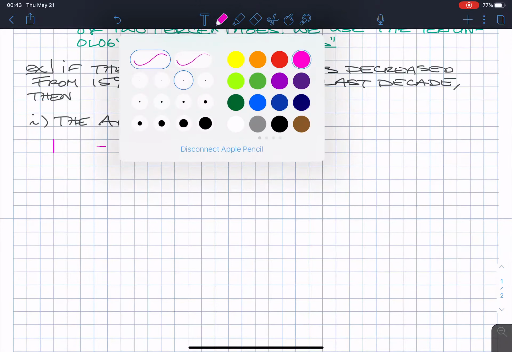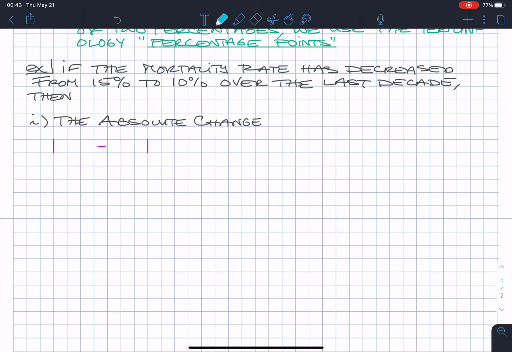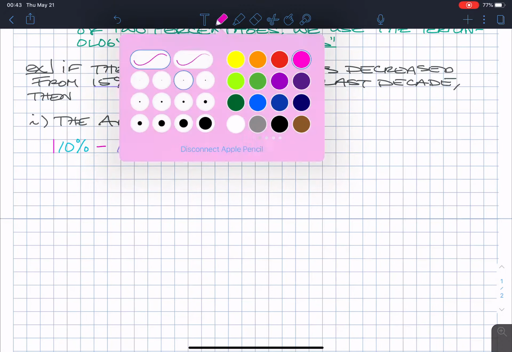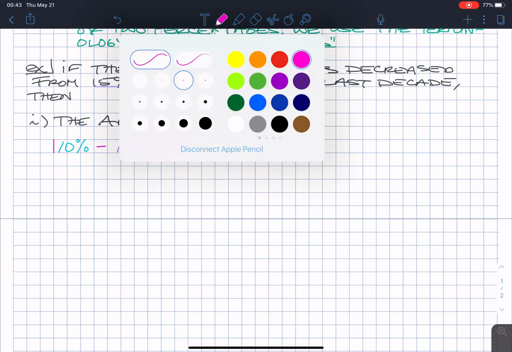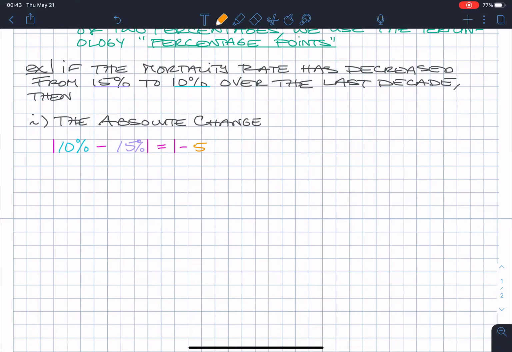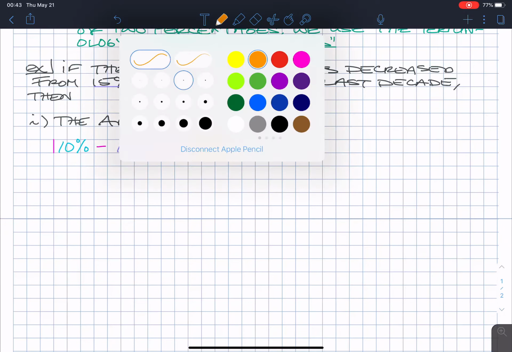The final percentage was 10% mortality rate, and the initial percentage was 15%. So in absolute value, this is going to be minus 5% inside the absolute value symbols.